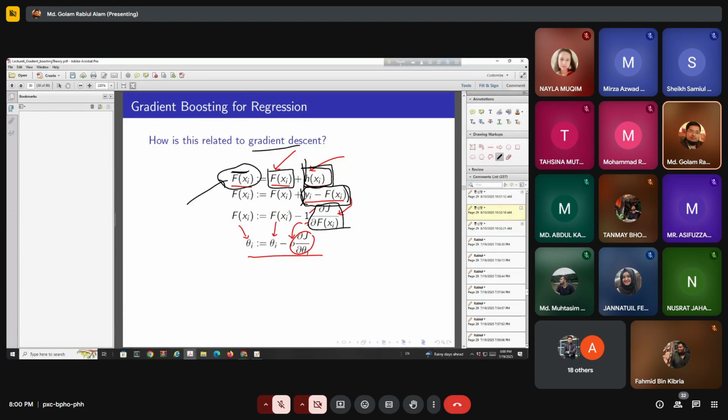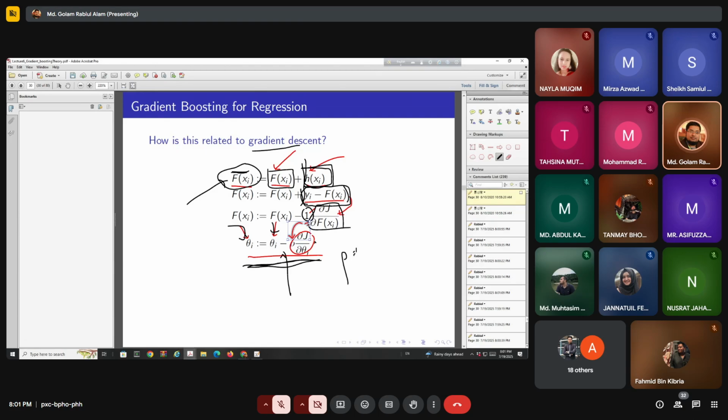If we consider rho equal to 1, then it maps to our gradient descent algorithm: the updated value is the previous value minus the derivative of J with respect to theta. Here we consider rho equal to 1.